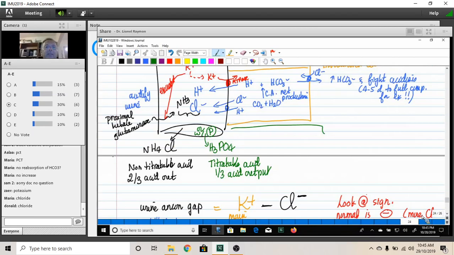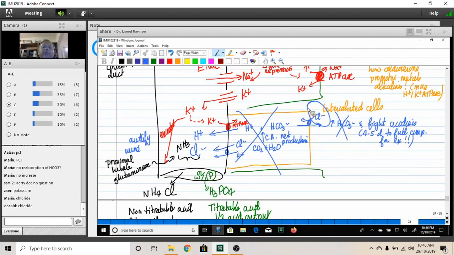Are you okay now with the urine anion gap and how it works? Now notice if there's a failure of these cells of working, of course there's acidosis, but of course there's also hyperchloremia. So tell me, what is again the serum anion gap of an RTA type 2? An RTA type 1 here, sorry, a distal RTA.